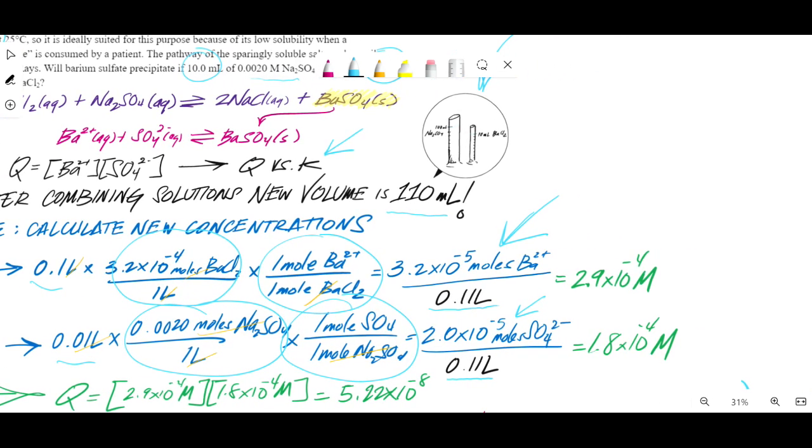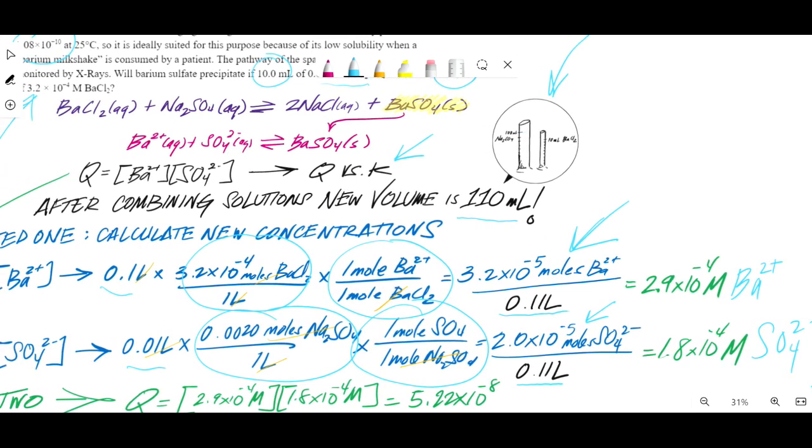These are our new molarities, our new concentrations. This one is for the barium, and this one is for the sulfate. And this is what we're going to plug into our Q expression. We're going to be able to solve for Q now. Everything on this slide, this image, this drawing is color-coded.